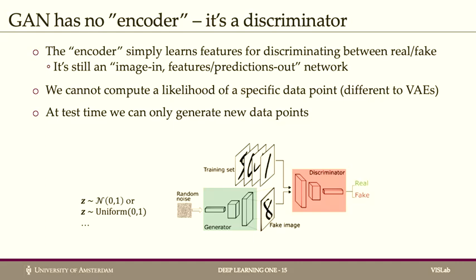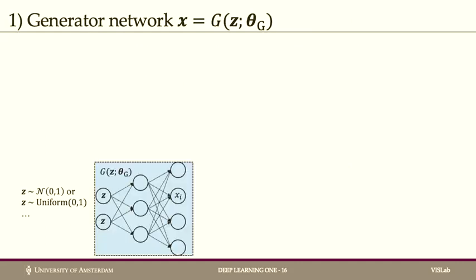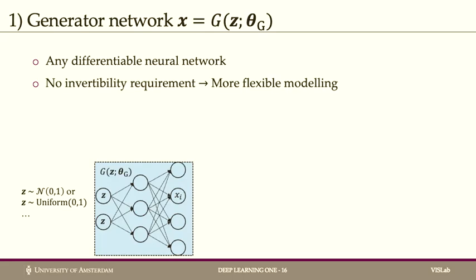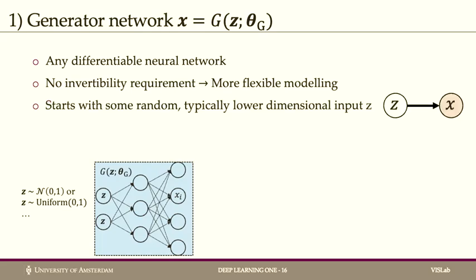As I said, we cannot compute the likelihood. We can only test new data points, only generate new data points. So the generator is any sort of neural network. It could also be an MLP. It could be a neural network which generates time series. It could be really anything. And we're still doing this sort of modeling where you start with a lower dimensional input Z and generate X, except we're not giving Z any particular constraints.